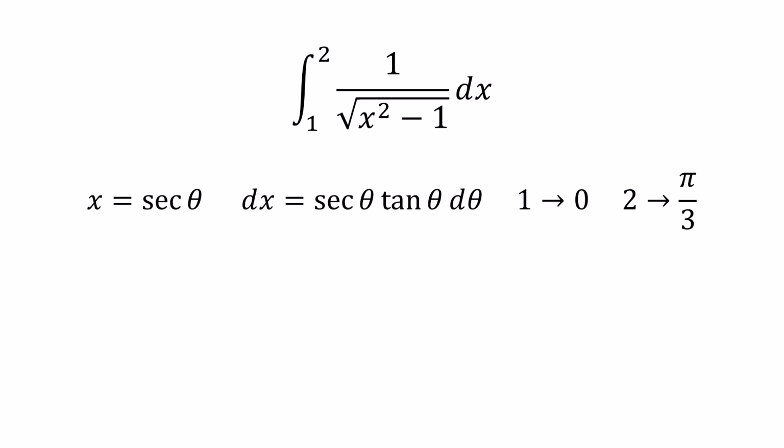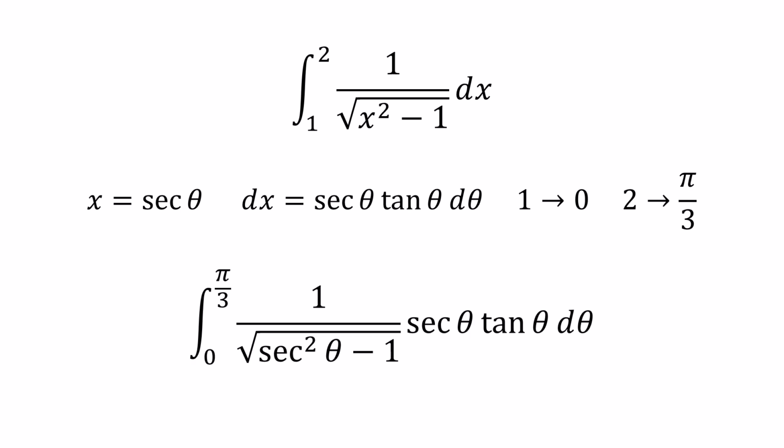Substituting into the integral then gives the integral from 0 to pi over 3 of 1 over the square root of secant squared of theta minus 1 secant of theta tangent of theta d theta.